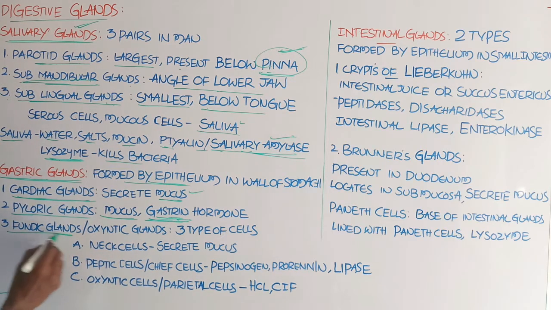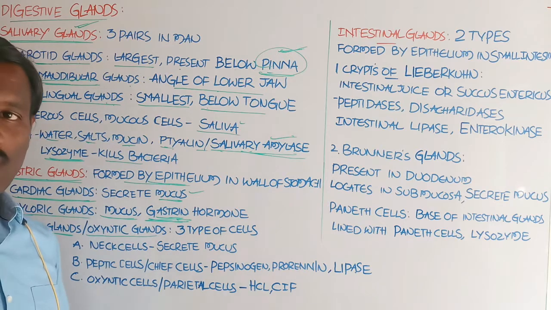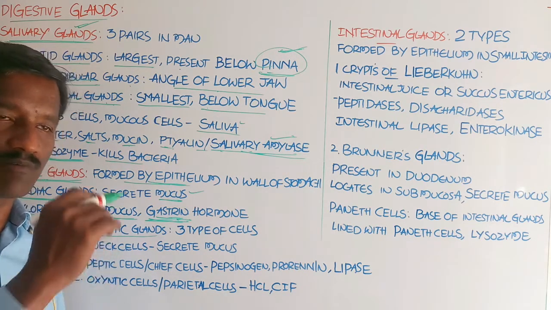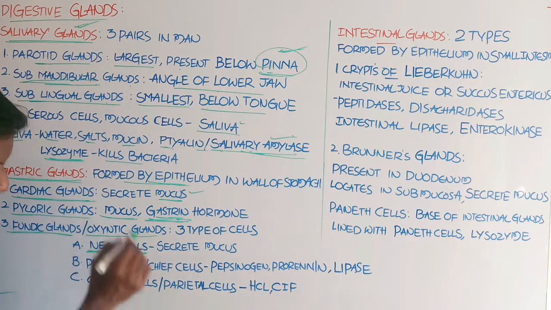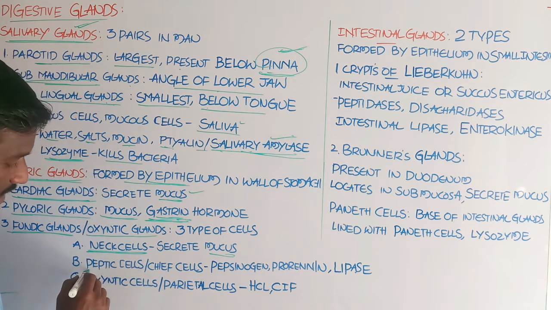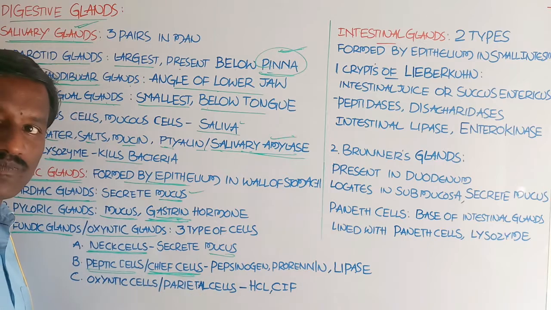And fundic glands, also called oxyntic glands, consist of three types of cells. What are the three types of cells? First one is the neck cells. Neck cells secrete mucus. Another one is the peptic cells, also called chief cells.